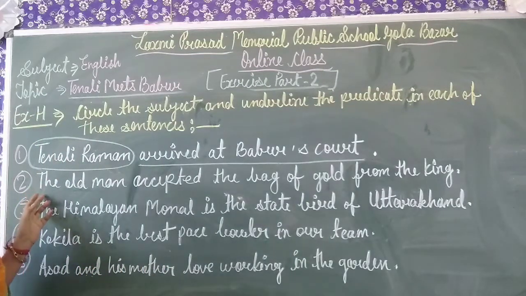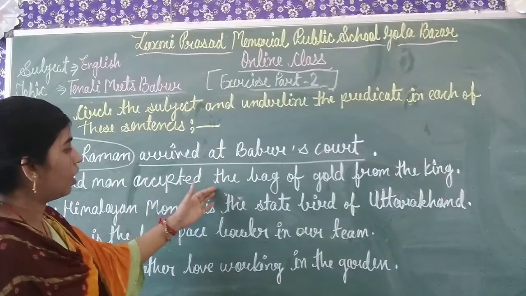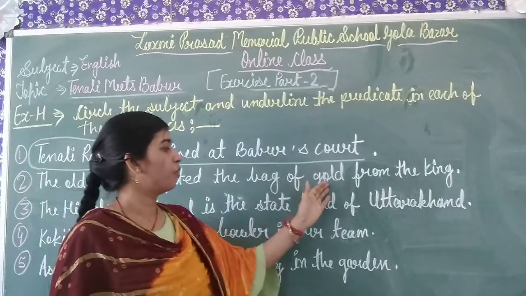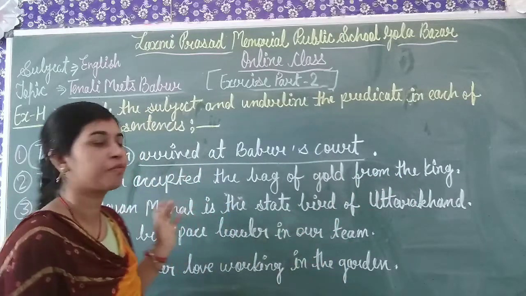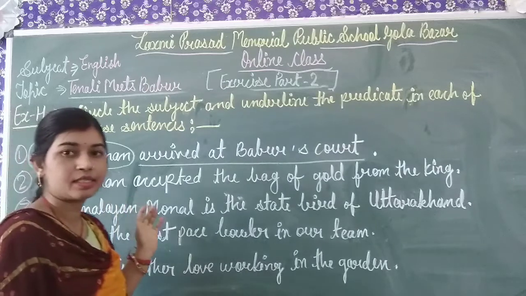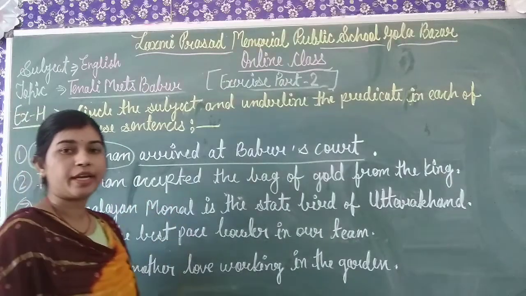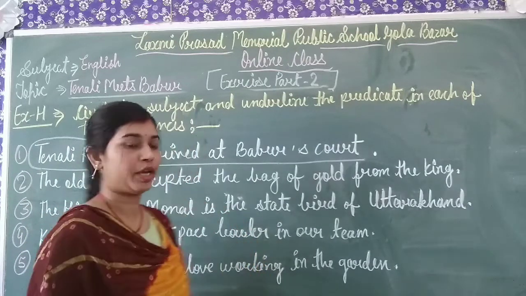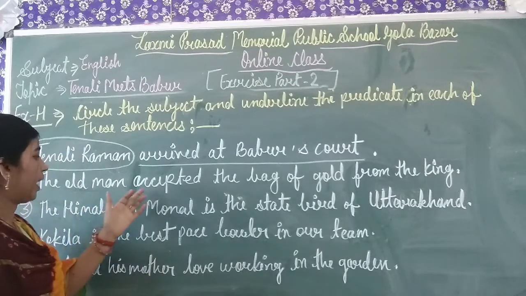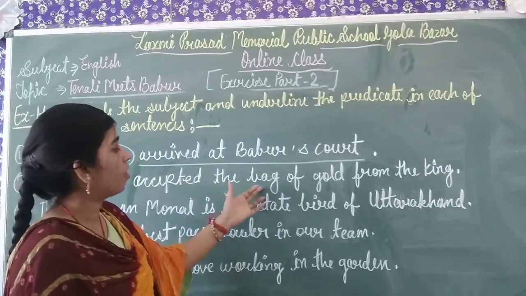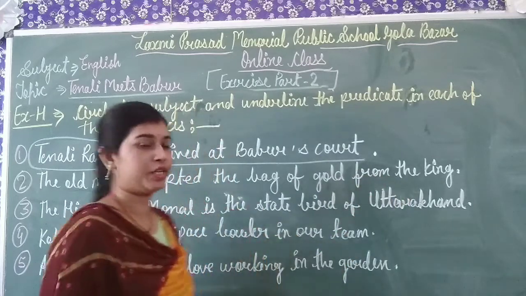Okay. So students, now next number 2. Number 2 is the old man accepted the bag of gold from the king. So students, tell me which part of the sentence is subject? The old man. The old man is subject, because this is the name of a person, and accepted the bag of gold from the king is predicate.